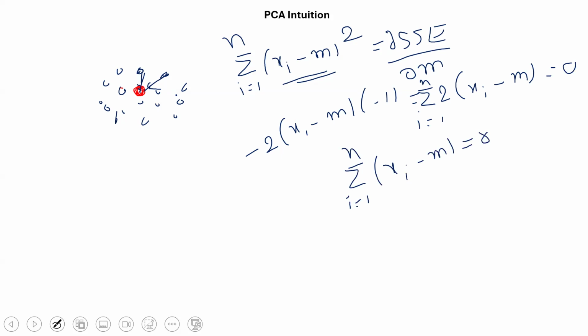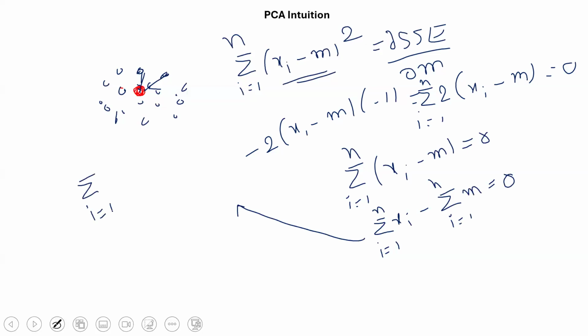So I'm breaking this into two different things: sigma i equal to 1 to n of xi minus sigma i equal to 1 to n of m, equal to 0. So this becomes sigma i equal to 1 to n of m equal to sigma i equal to 1 to n of xi. m is a constant value, xi is a variable, so I'm taking m outside.